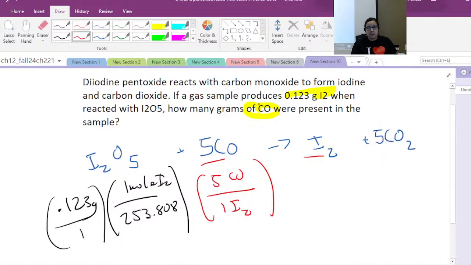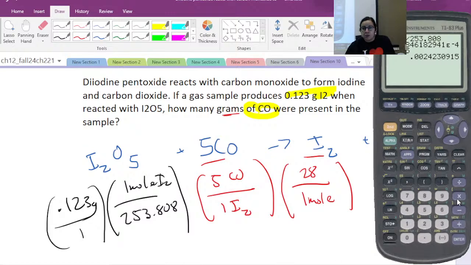And then last little step, right, it was asking for grams though. And so we're at moles of CO. And help me out, what's the molecular weight of CO? So 28, 12 plus 16. So times 28.